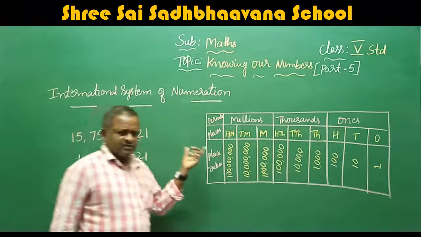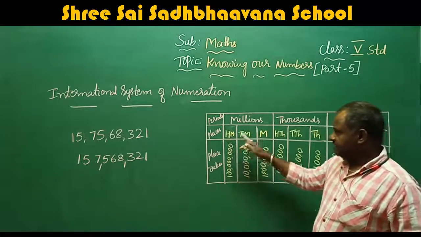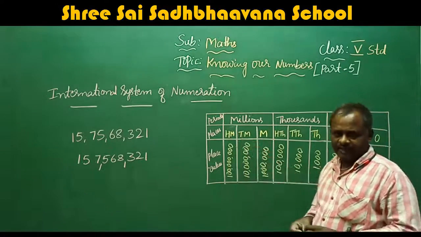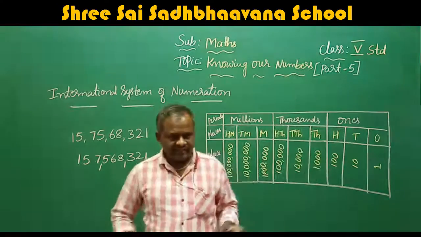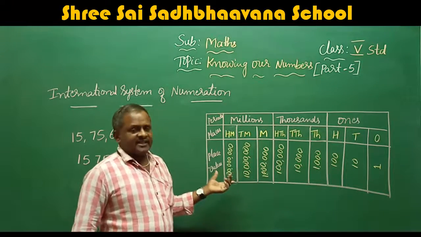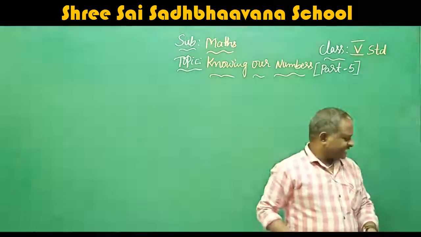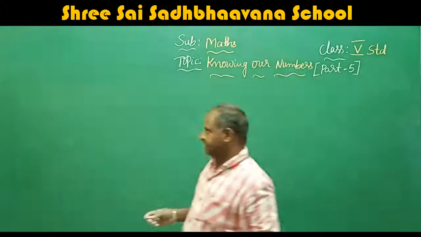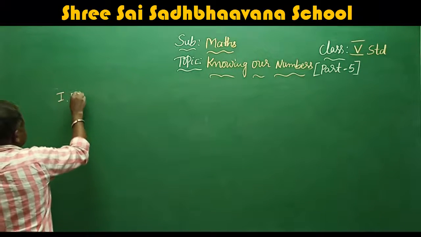I think you studied this in the 4th standard itself, but here we are going up to million, 10 million, 100 million. We will do the problems on this in this class only. Okay, next exercise 1.3. First they have given fill in the blanks.